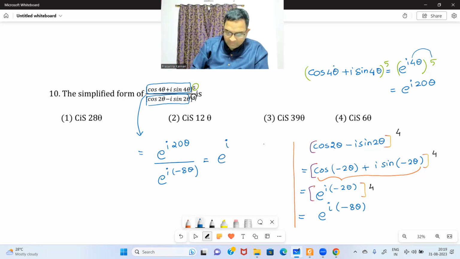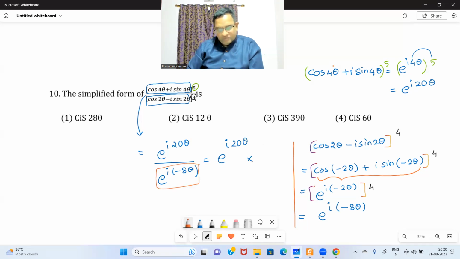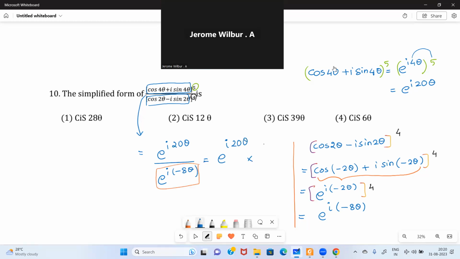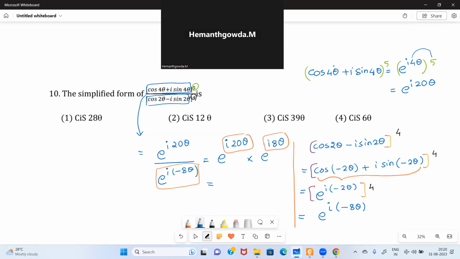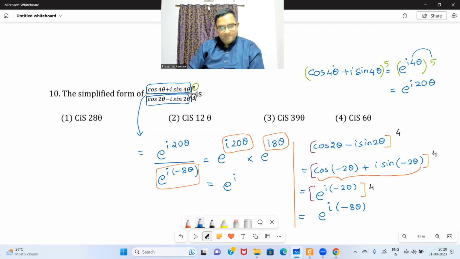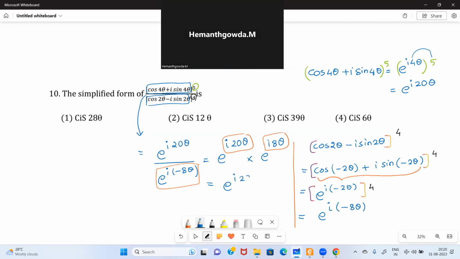So e power I 20 theta is there. This one, if it comes to the top, what will happen to it? E raised to I 8 theta. Very good. Now, if the bases are the same, what can you do to the powers? Add, sir. So what do you get? E to the power I 28 theta. Very good.